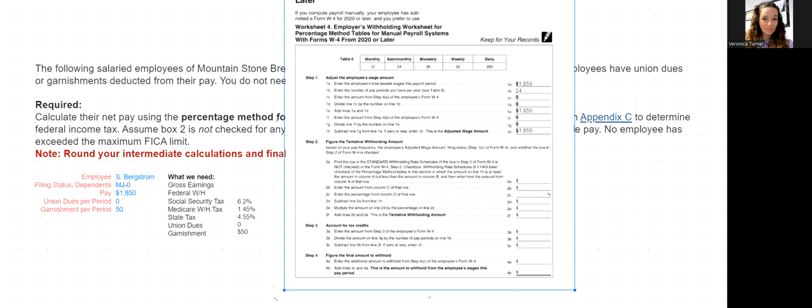We're going to make sure that it's the 2020 or later, and that it's for semi-monthly, not monthly, not weekly. So we want to be very careful when we're looking for the right form. Semi-monthly. Let's see. Here we go. So let's screenshot this.